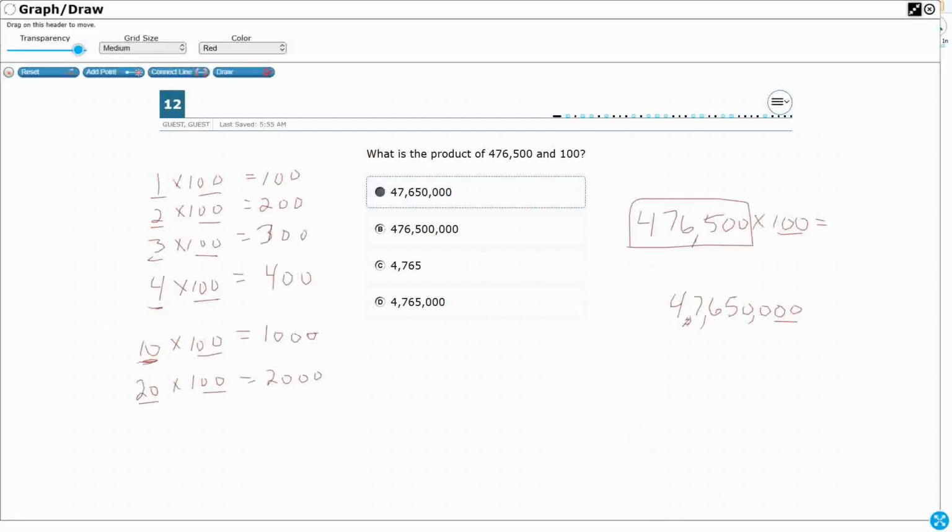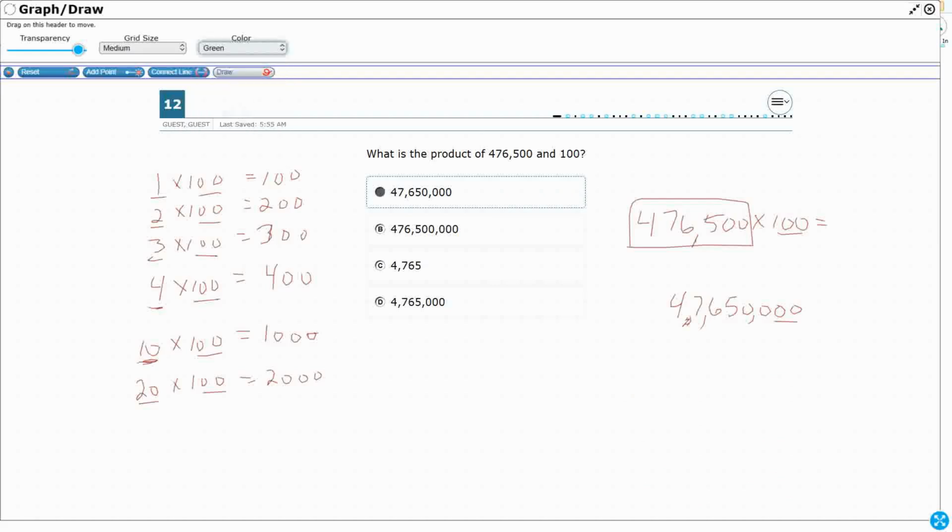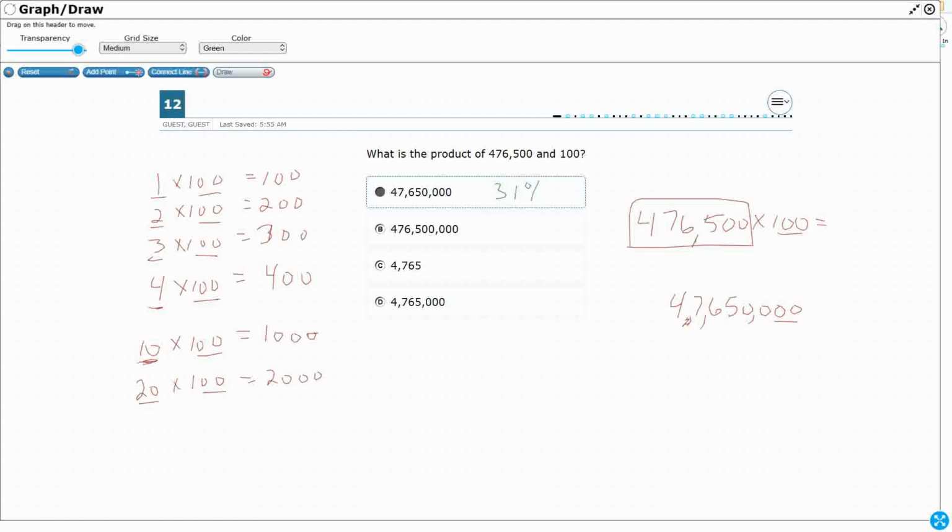This was a little bit more difficult than we would expect. We only had 31% get this correct. We actually had more students choose B. Now, you see this right here? This keeps the 476,500 intact.